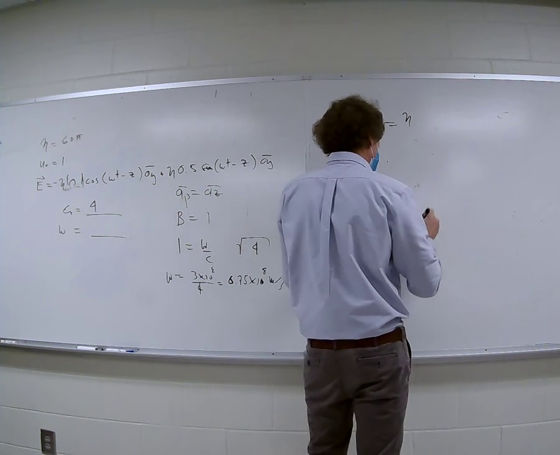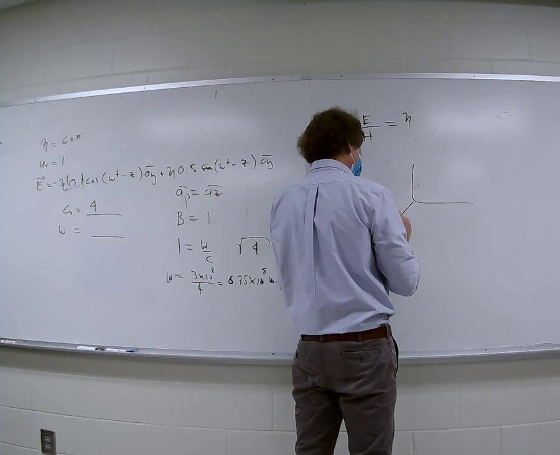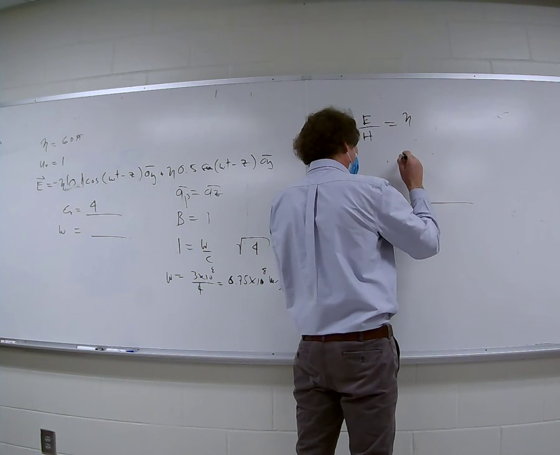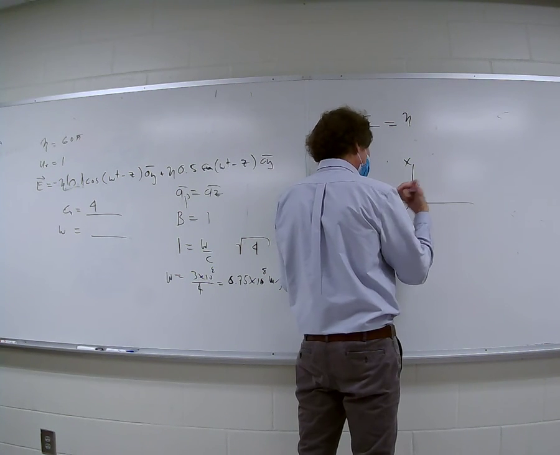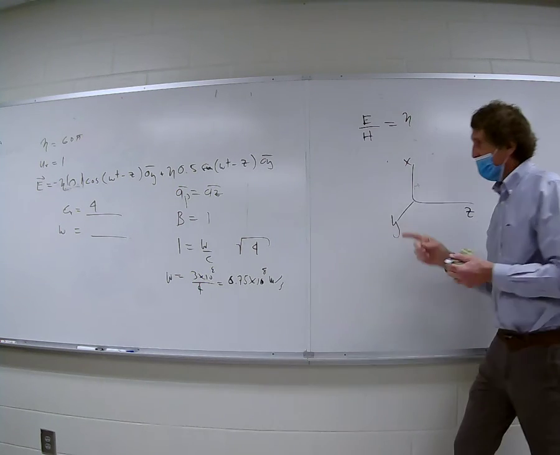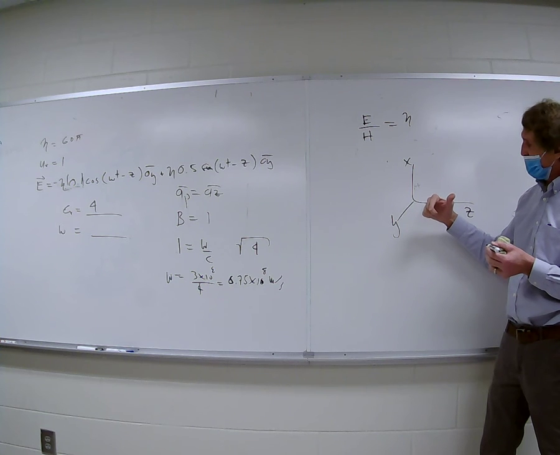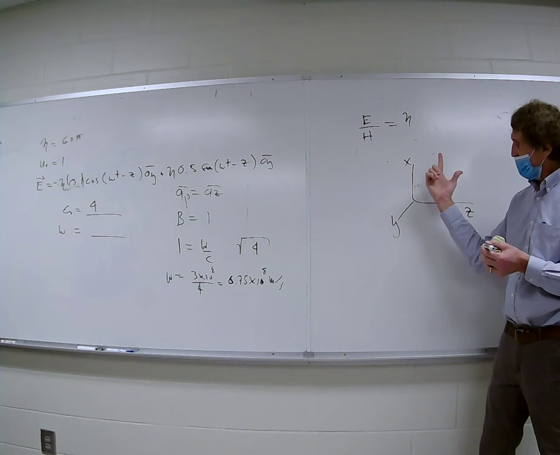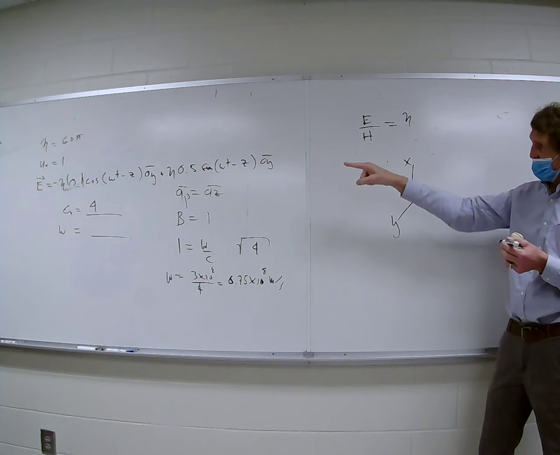This has got to be a right-hand coordinate system. So if this is x, and this is y, x crossed y is the direction of propagation, this would be z. So for that one, we had positive ay, so that means positive ax crossed with positive ay would be positive z. That is positive there.